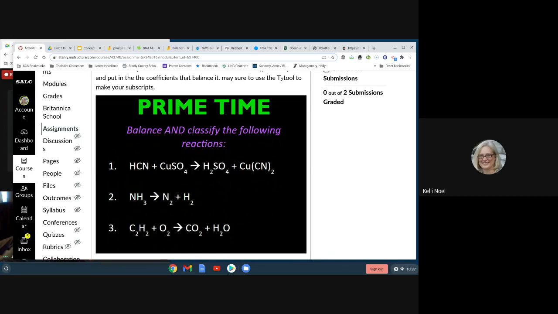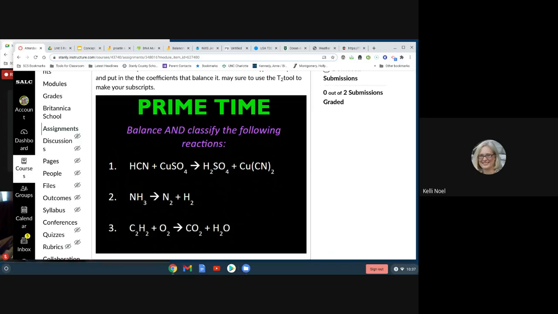So now I'm going to count. On the left, there's one H, one CN because there are no little subscripts. The Cu is 1. The SO4 is 1. The 4 is a part of that SO4 unit. On the right-hand side, I have a 2 for H. SO4 is a 1. Cu is a 1, but the CN is a 2.